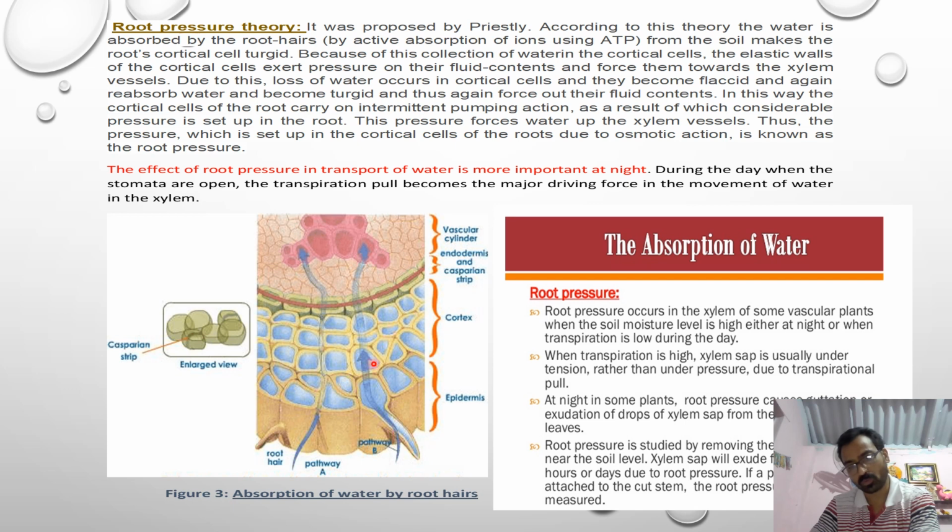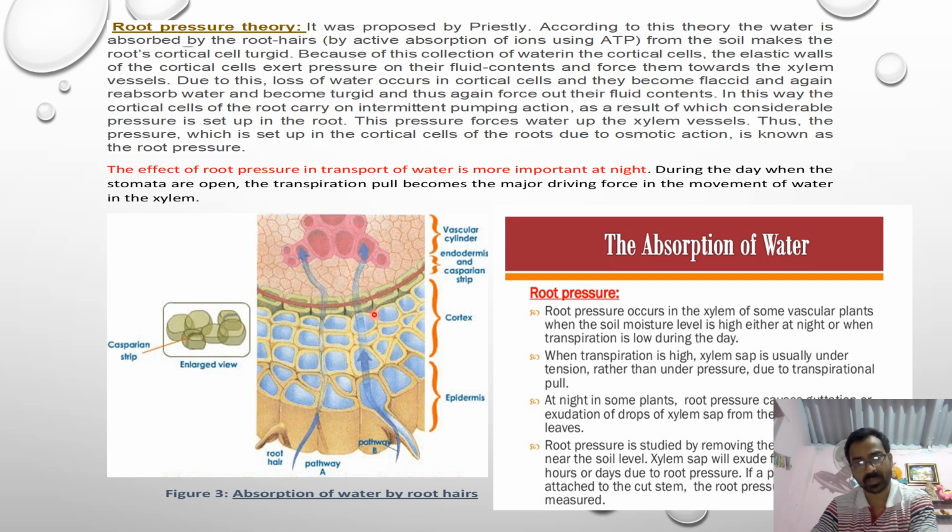Here the cortical cells of the root are very specialized in osmotic concentrations. So their variable osmotic concentration makes them become turgid and flaccid over and over again. That gives them a pulsating movement of water that pushes the water forward.